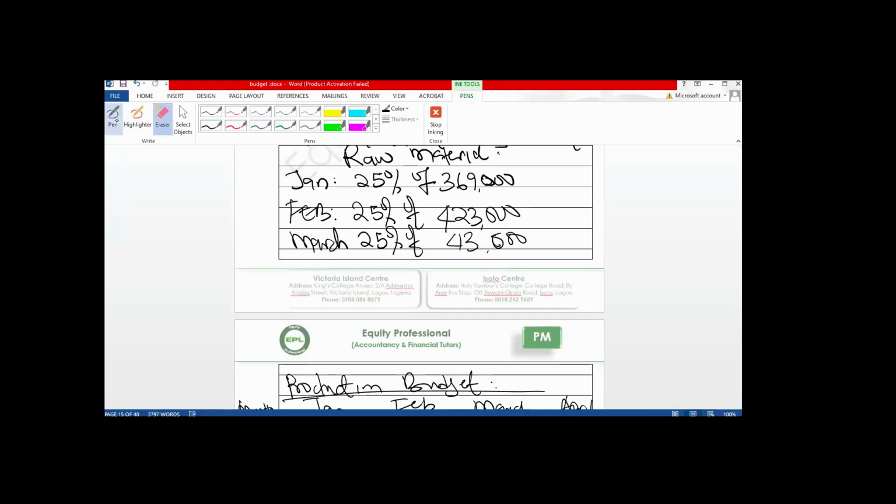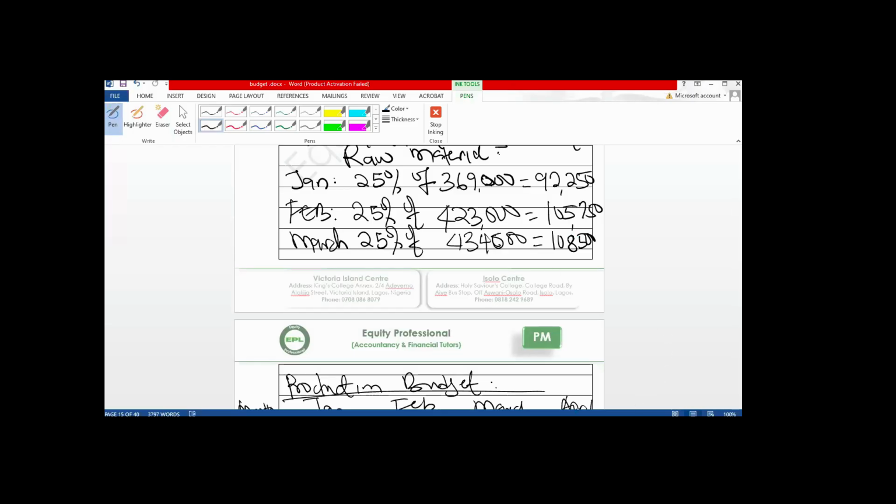For January, 92,250 kg. Next, 105,750. Next, 108,500.